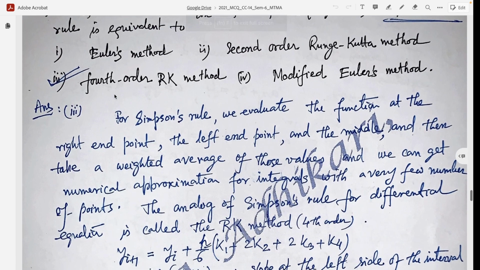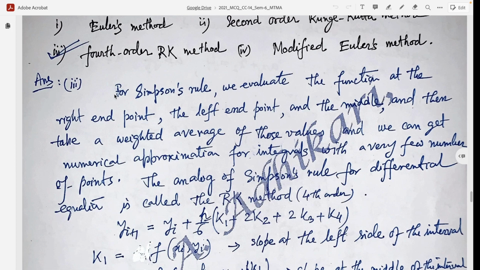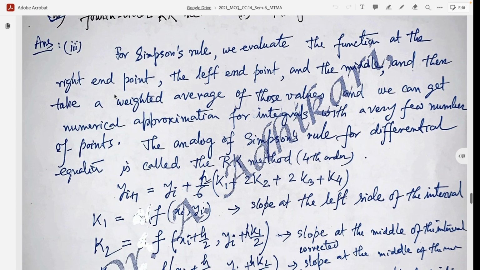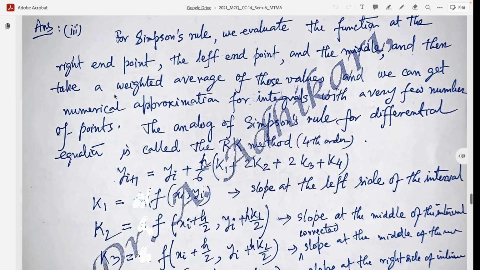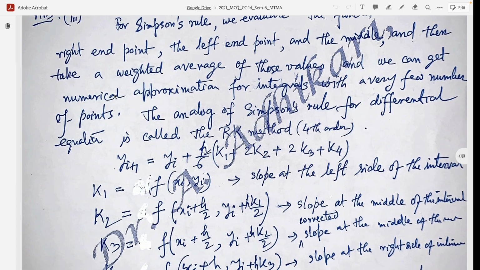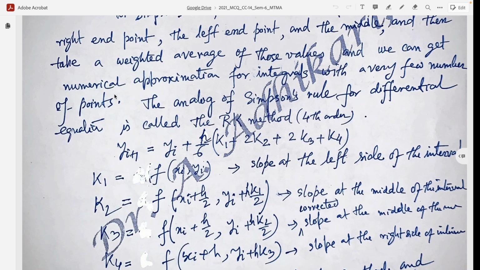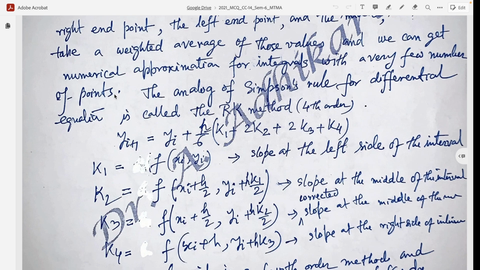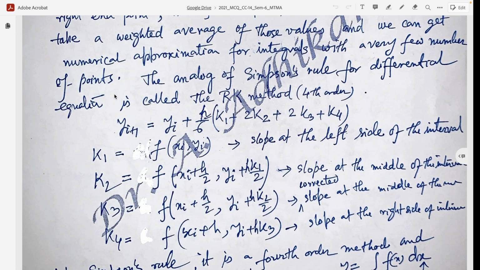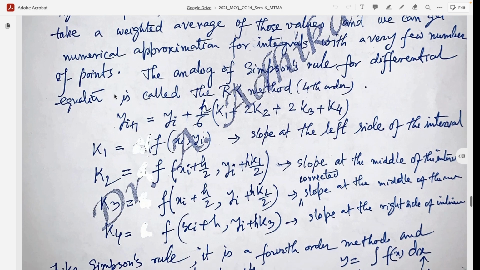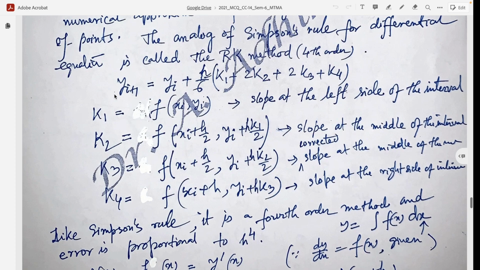For Simpson 1/3 rule, we evaluate the function at the right endpoint, the left endpoint and the middle point, and then take a weighted average of those values, and we can get a numerical approximation for integrals with a very few number of points. The analog of Simpson's one-third rule for differential equations is called the Runge-Kutta fourth order method.